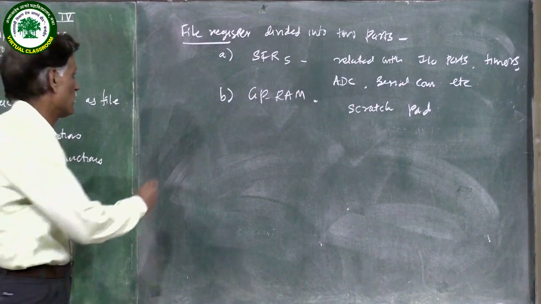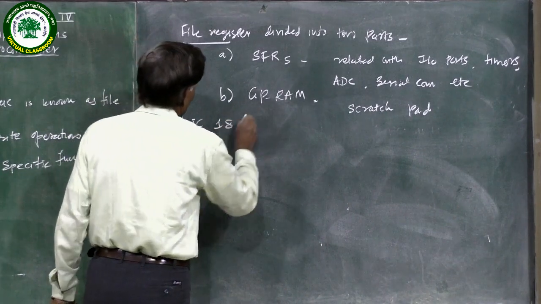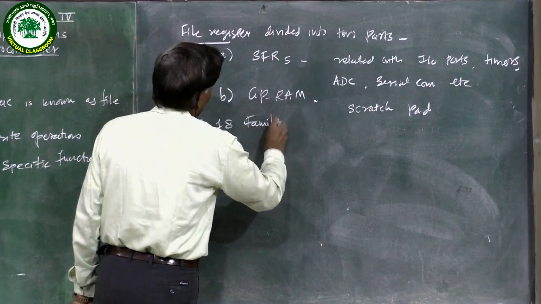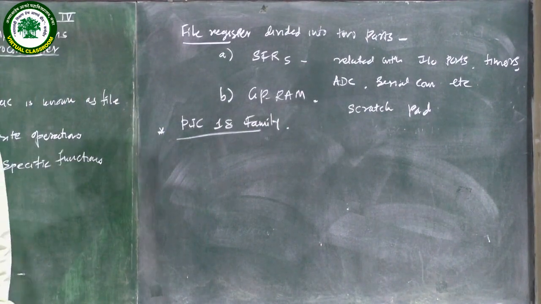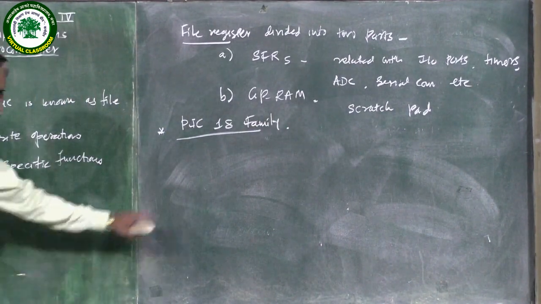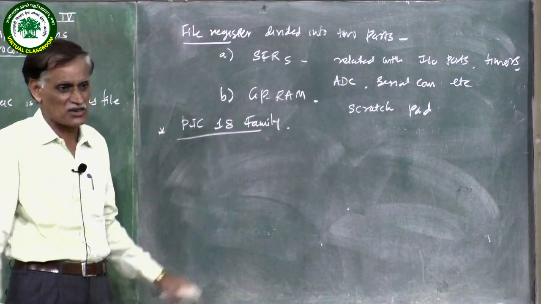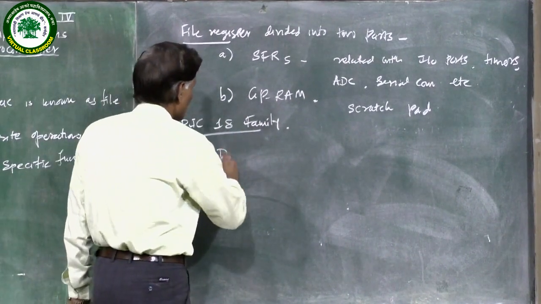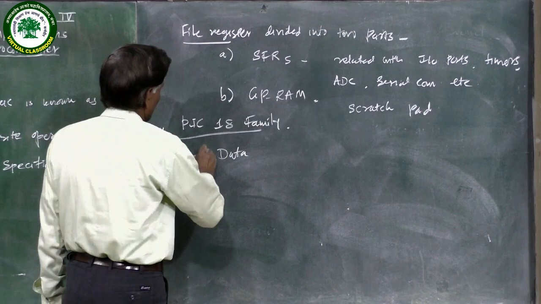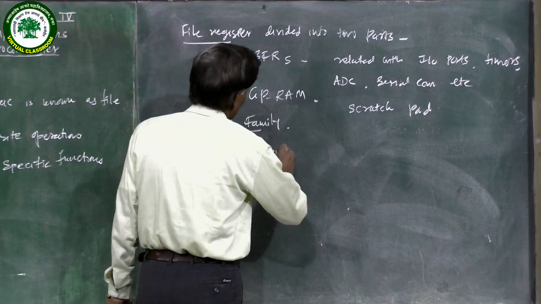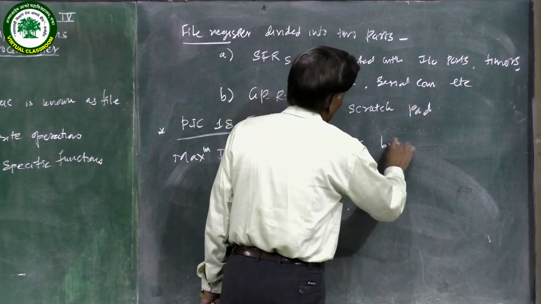Now, as far as the PIC18 family is concerned, we have to discuss the PIC file register. In the previous lecture I told you the features, and the PIC18 family has a maximum data memory of 4096 bytes.